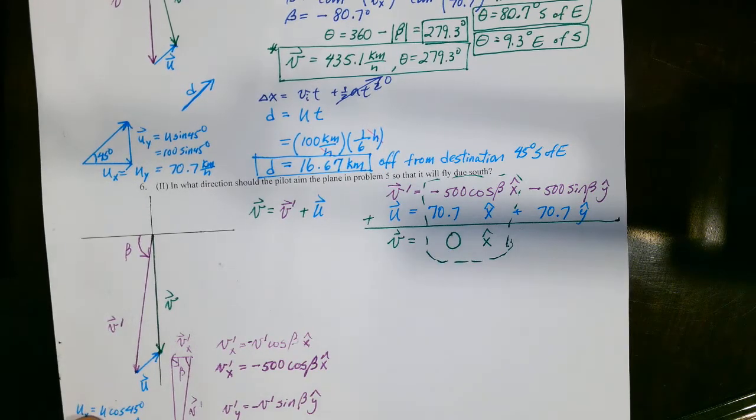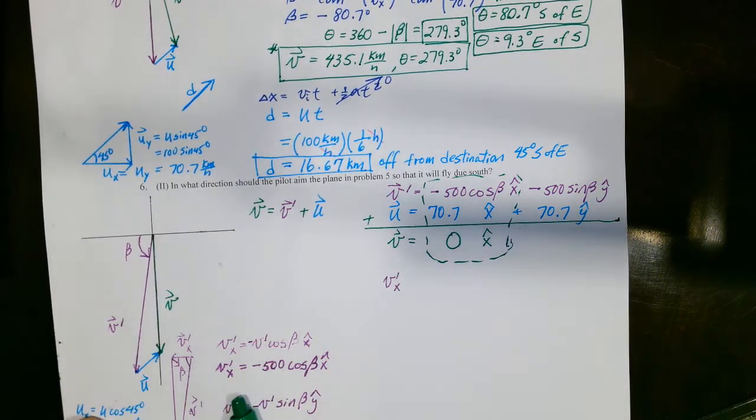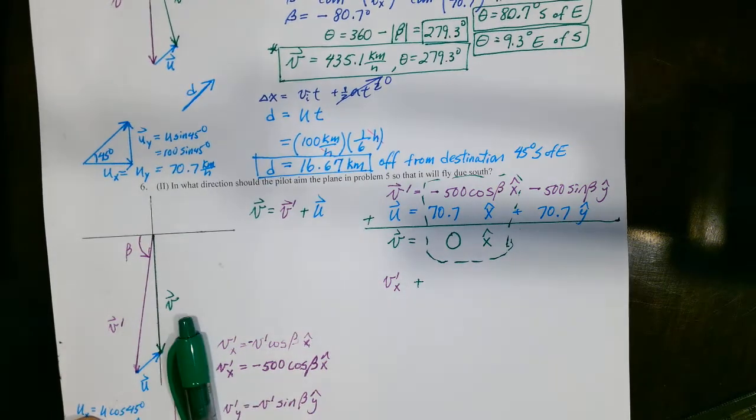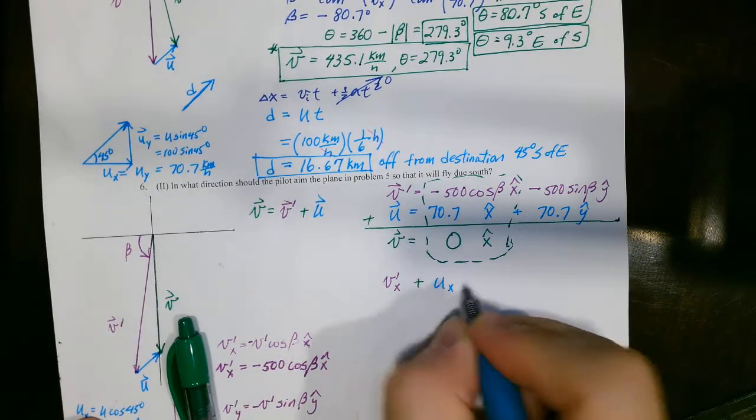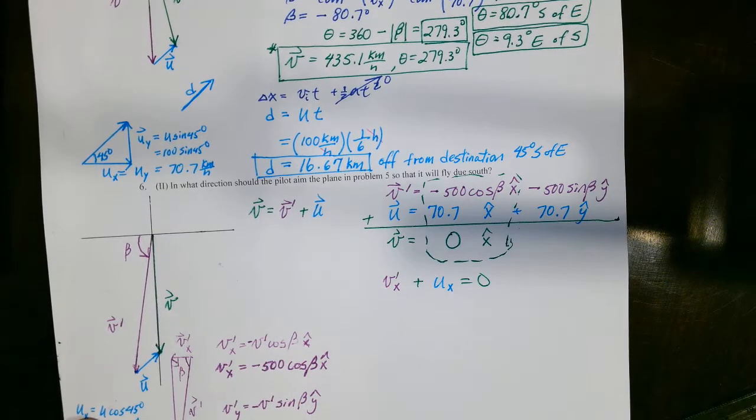Okay? So I can say v prime x plus ux should equal 0.